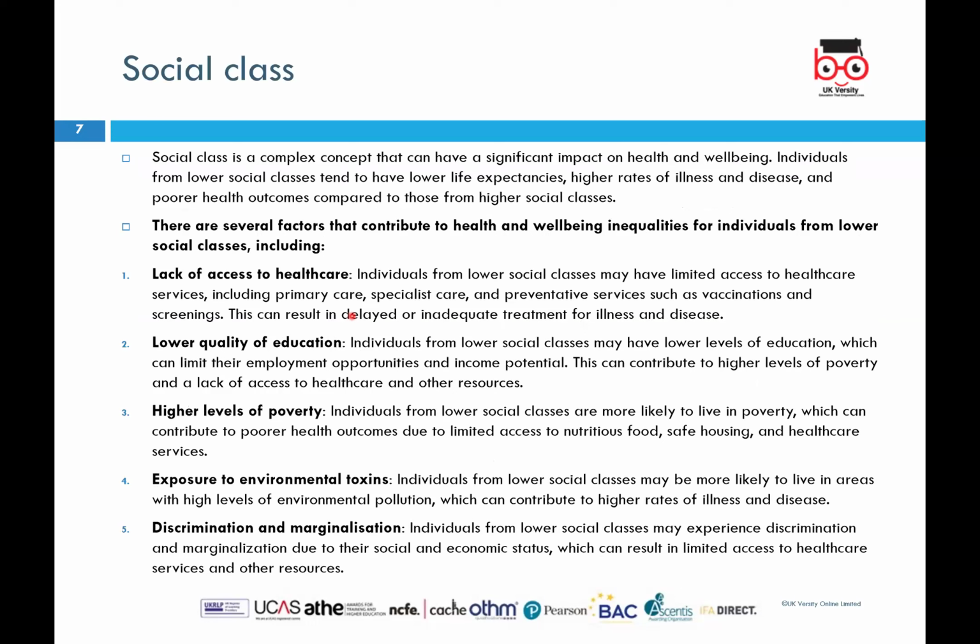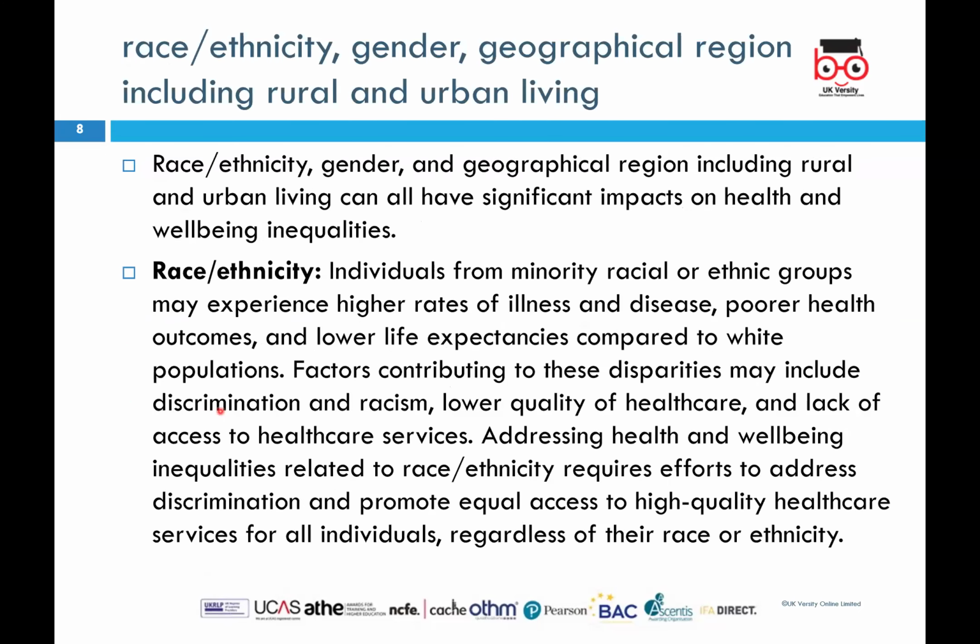Social classes. If there's a low socioeconomic class, they will have lack of access to healthcare, lower quality of education, higher levels of poverty, and exposure to environmental toxins. We talked about their housing, discrimination and marginalization. Race and ethnicity.